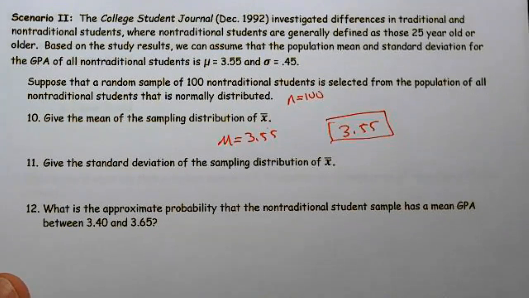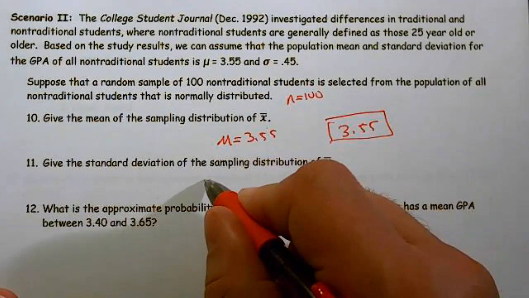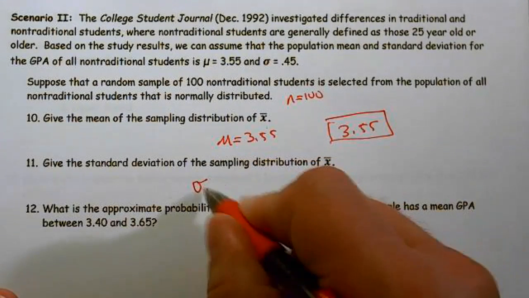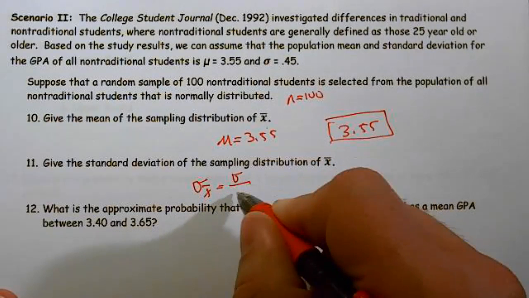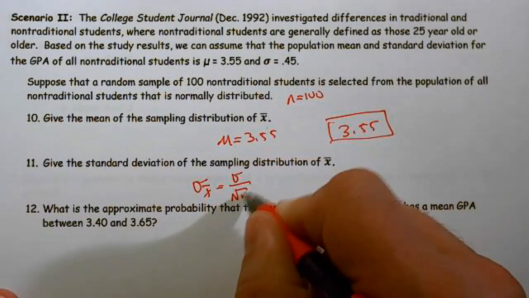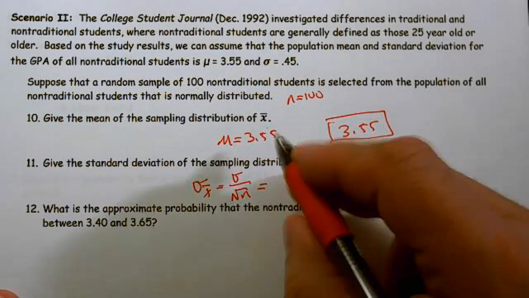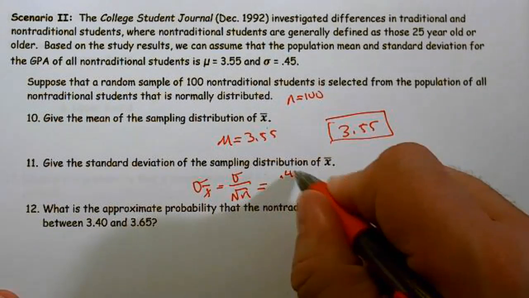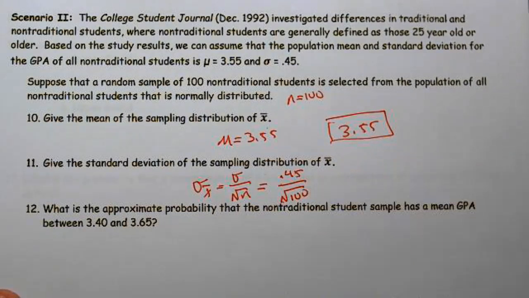Give the standard deviation of the sampling distribution of x bar. The standard deviation of the sampling distribution is a little bit tricky and has this formula: the standard deviation of the population divided by the square root of n, which in our case would mean 0.45 divided by the square root of 100.